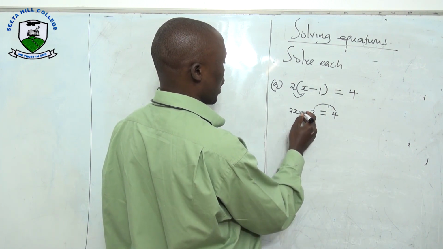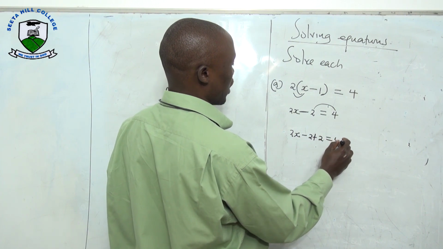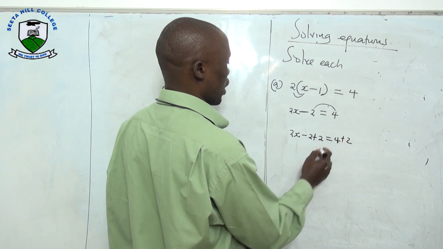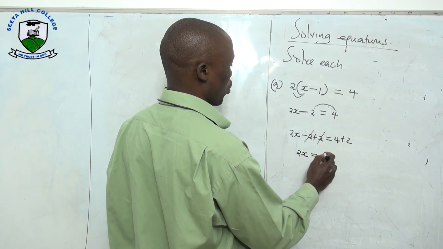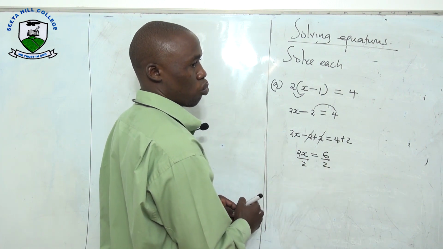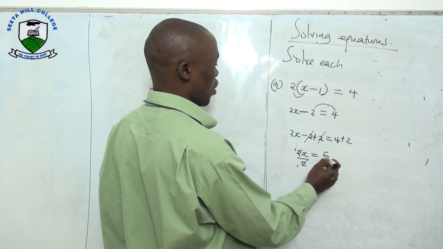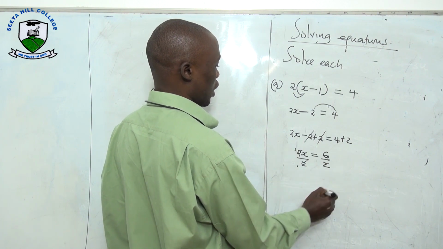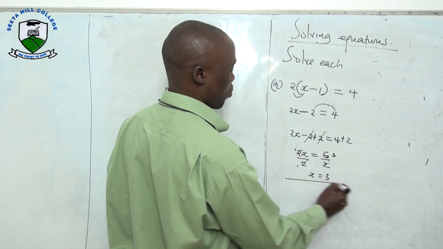Because this one is a negative, it must be added to the other side. Therefore, you add it on both sides, and it dies naturally. 2x is equal to 6, you divide through by 2, not so? Here you receive 6 out of 2, 3. That gives you 3. Yeah?